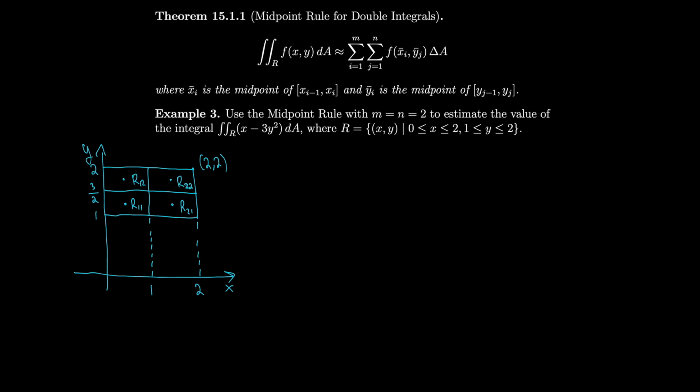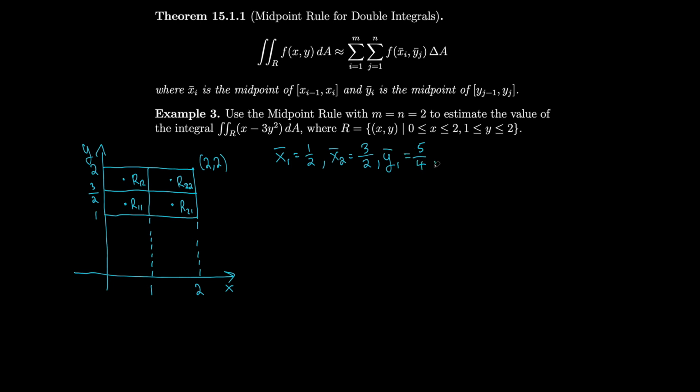Okay, so I need to find x1 bar. So that's halfway between over here. So halfway between 0 and 1, so that's just half for my first middle x value. The next middle x value is x2 bar, and that'll just be 1.5 or 3 over 2. For my y's, it looks like my first y is between 1 and 1.5, or 1 and 3 over 2, so that's 5 over 4.